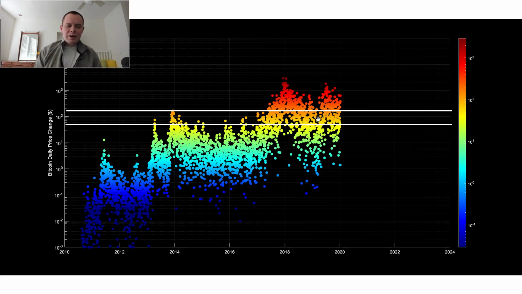I hope this elucidates some of the daily volatility in terms of the total dollar value. And again, this is not the percent. I looked at the percent, and it hasn't really changed a whole lot. You can briefly see it here. I didn't put it in this presentation. Maybe I'll make another video and go over percent changes.